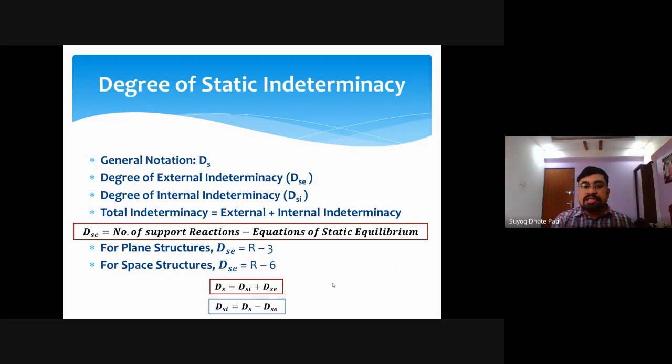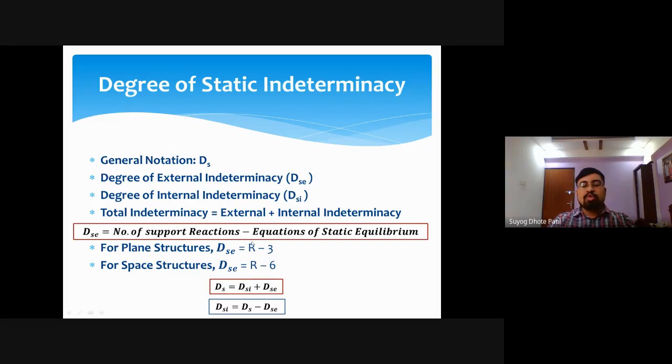Capital R is the number of support reactions, and 3 is the number of equations of static equilibrium, which we already saw in the previous slide. For a plane 2D structure we have 3 equilibrium equations, and for a space structure we have 6.